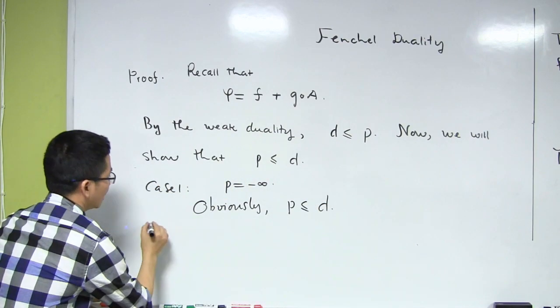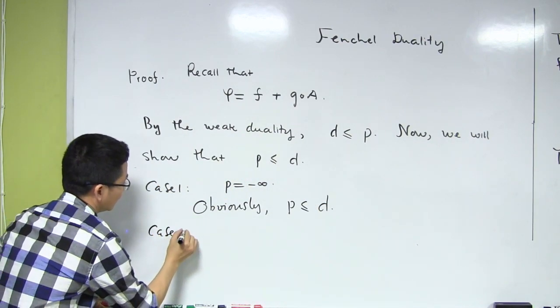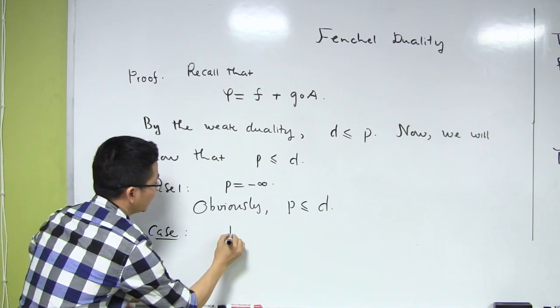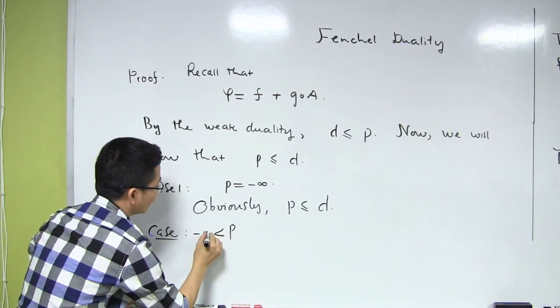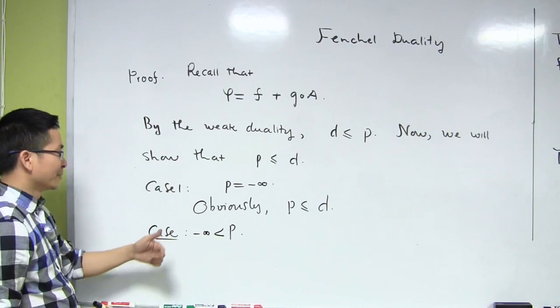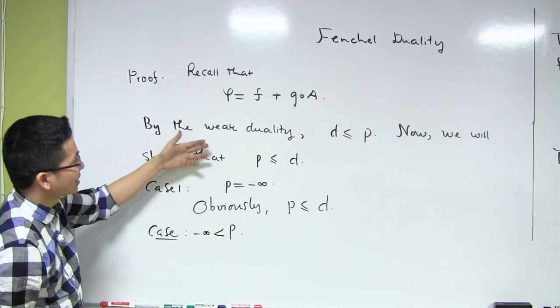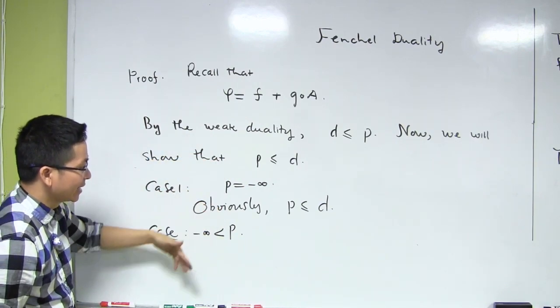Okay, so in the second case, we suppose that P is greater than minus infinity. Then it is easy to see that P is a real number.